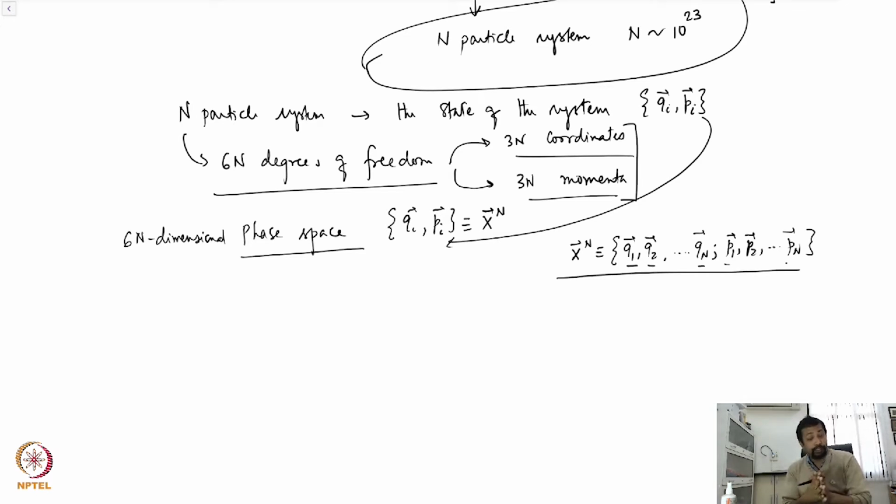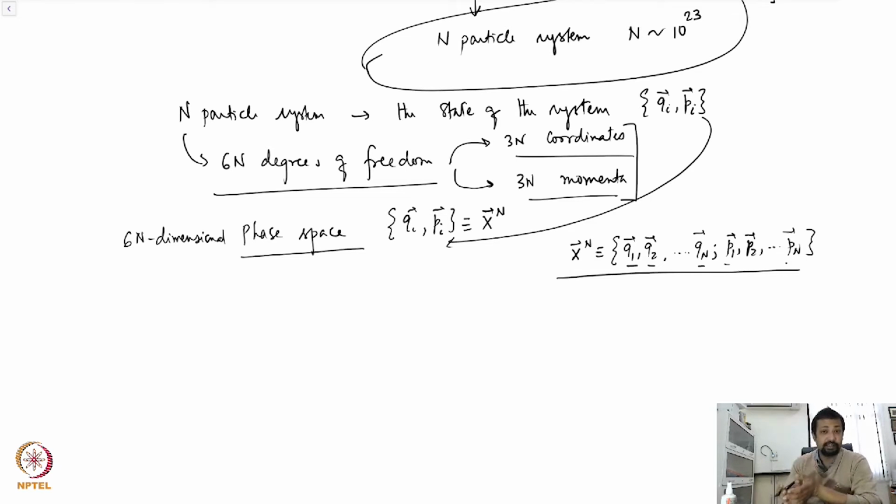We could have known that if we could have solved Newton's equation of motion, written down the equations of motion, used the initial conditions and solved it. But this is just an impossible task for an N particle system where N is of the order of 10 to the power 23, right? So therefore, one can think about the phase space as filled with a probability fluid.